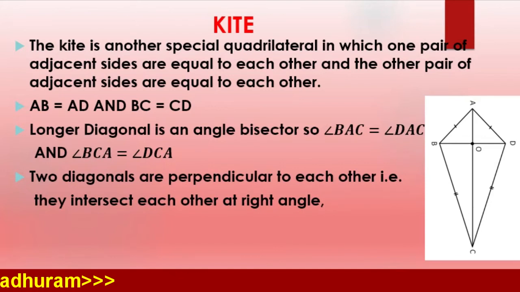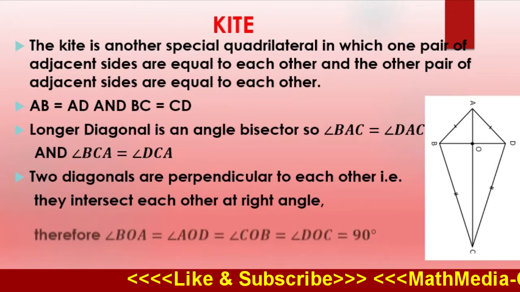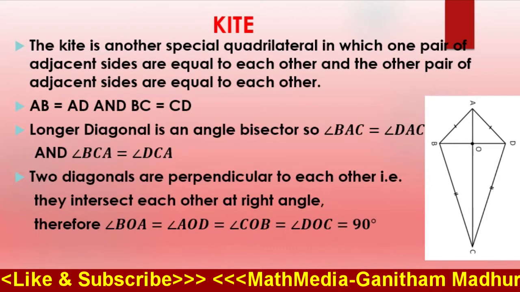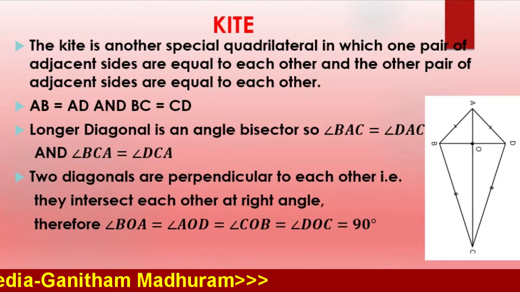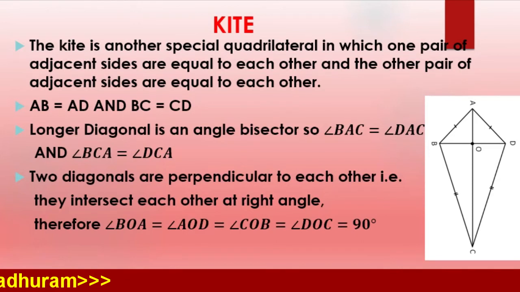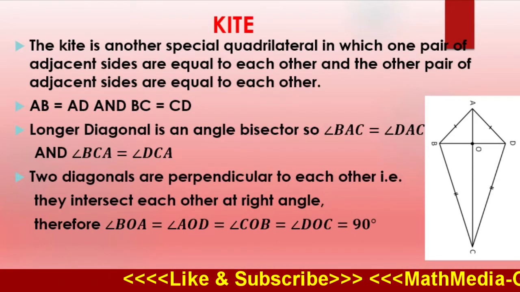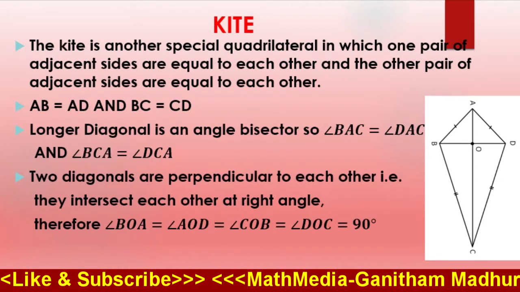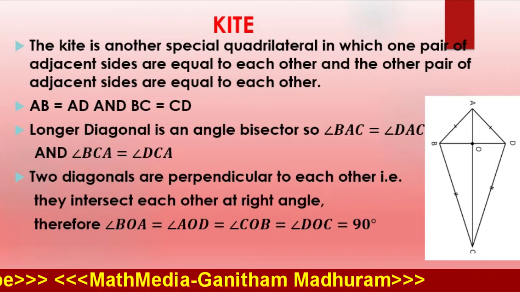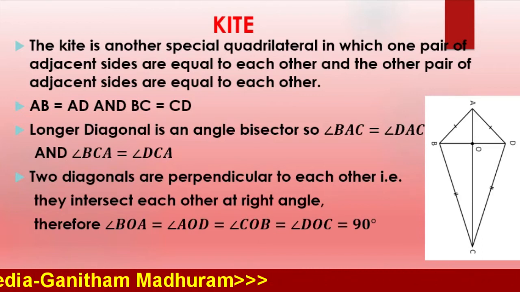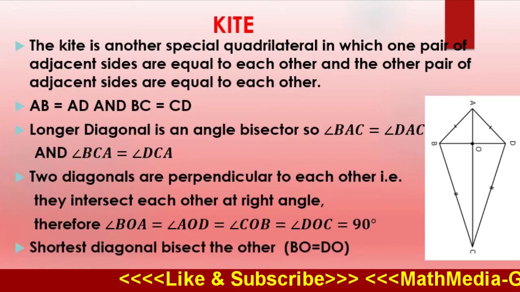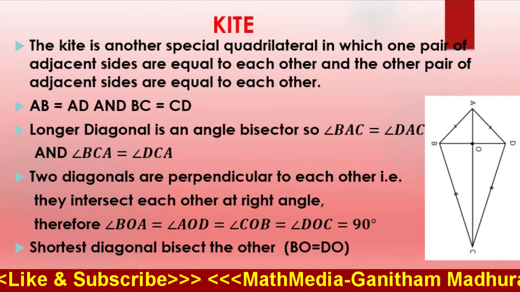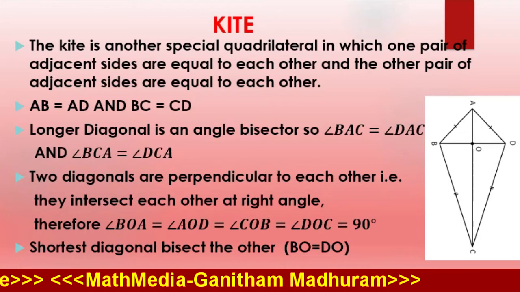That is, they intersect each other at right angles. Hence, angle BOA equal to angle AOD equal to angle COB equal to angle DOC equal to 90 degrees. The shorter diagonal is bisected by the other.